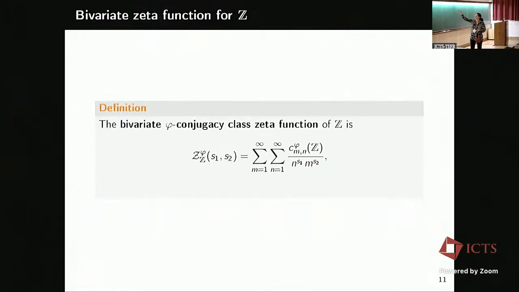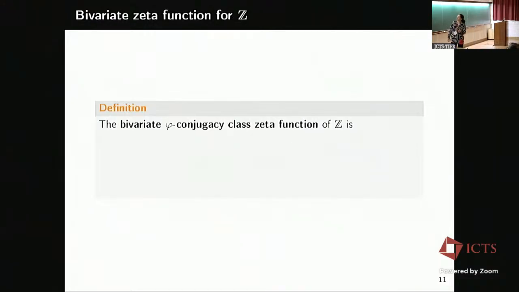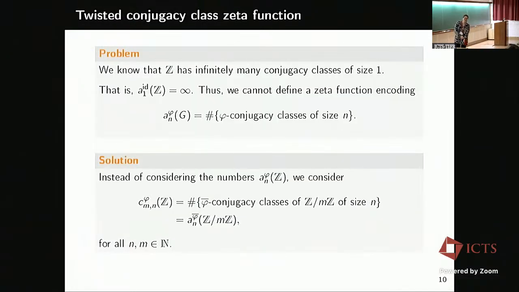So now, instead of just counting the number of twisted conjugacy classes of Z, we are also taking the quotients. Of course, then you have to take the induced endomorphism on the quotients. But it's for a fixed phi.